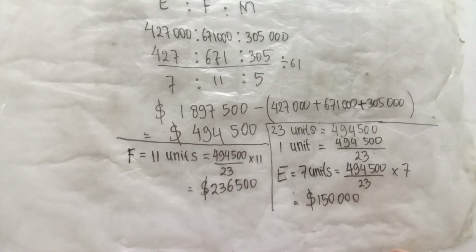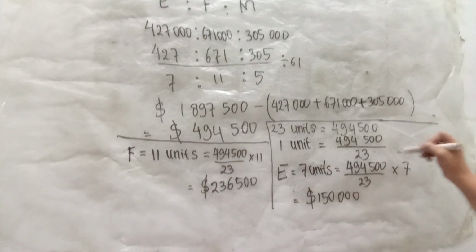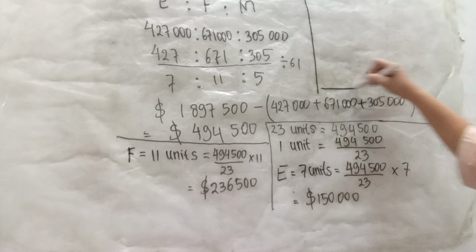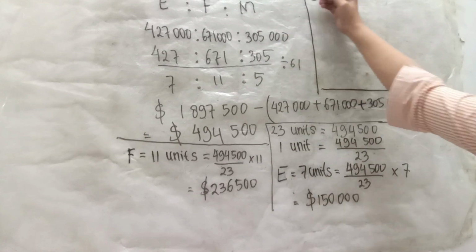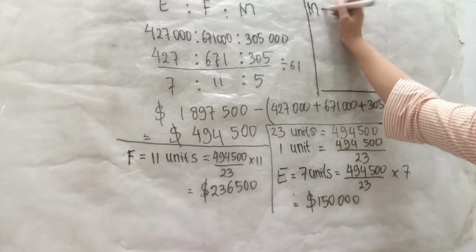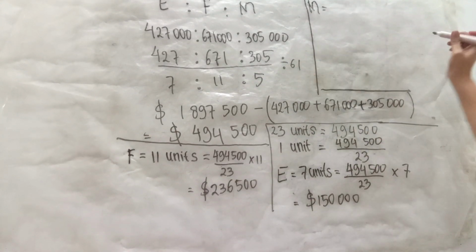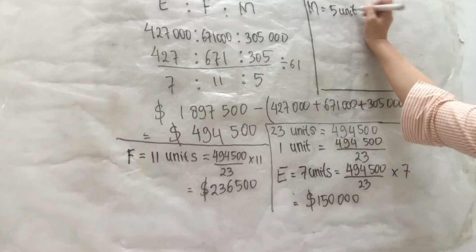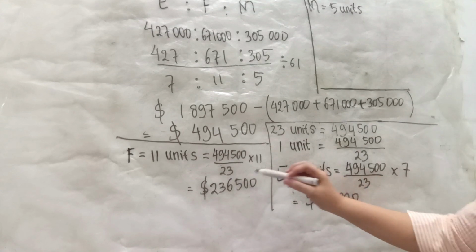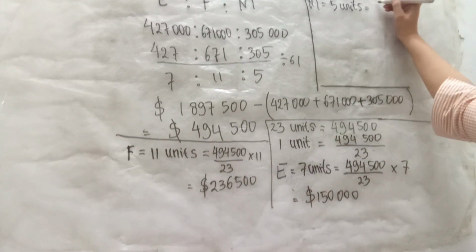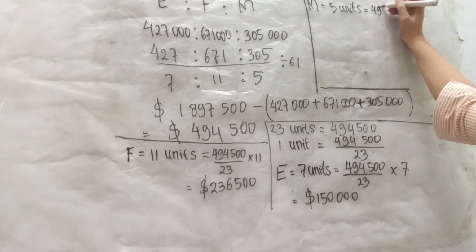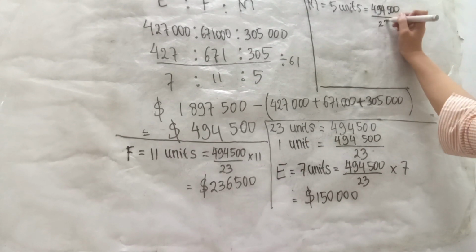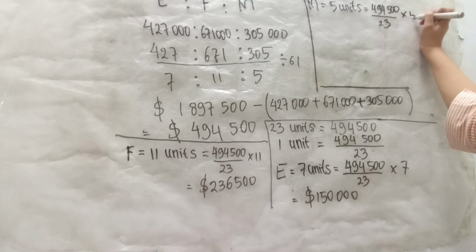And then the last one is for Michael. Michael is 5 units. So for Michael with 5 units, it means 494,500 divided by 23 times 5.